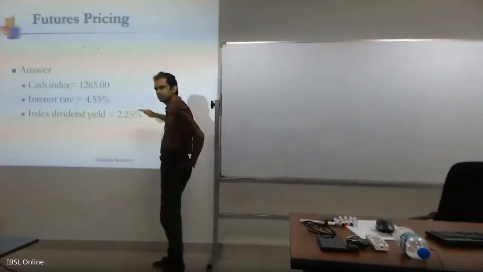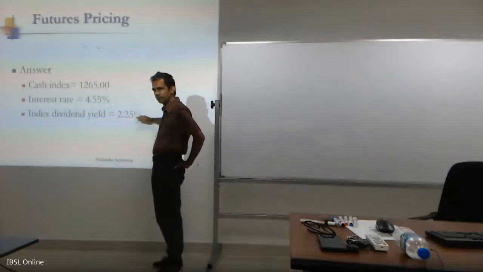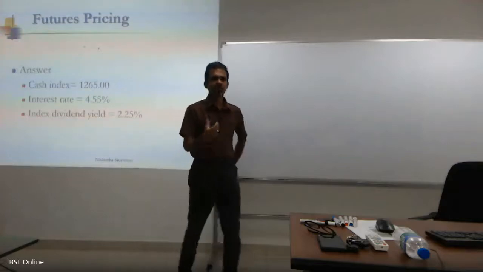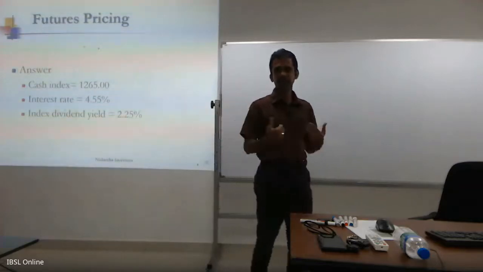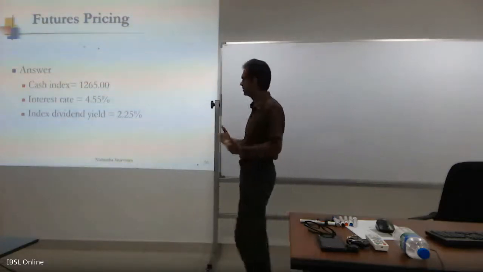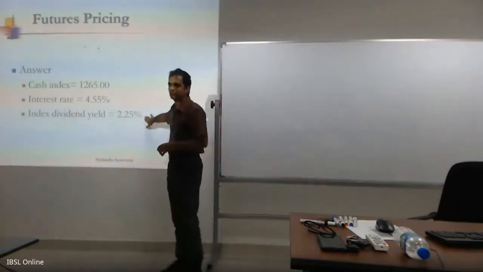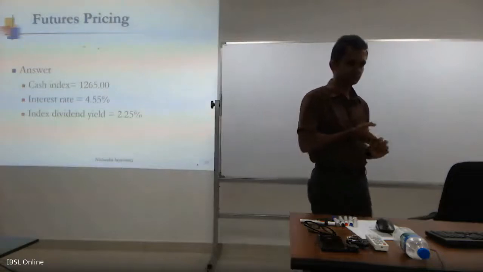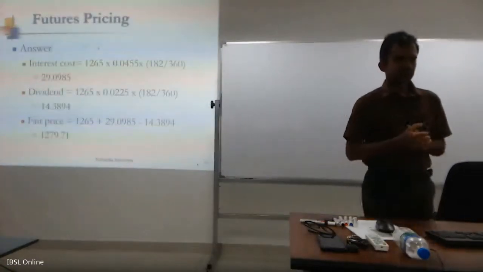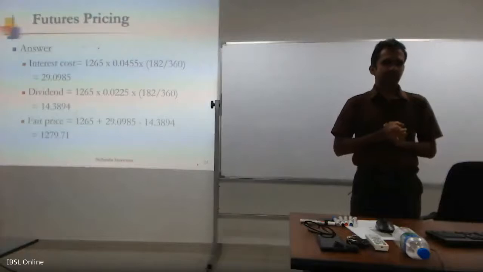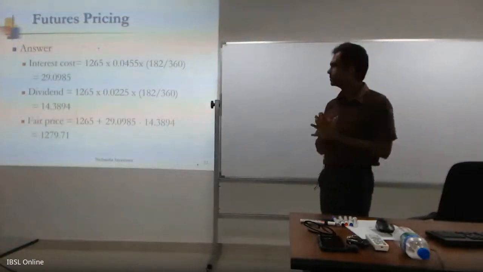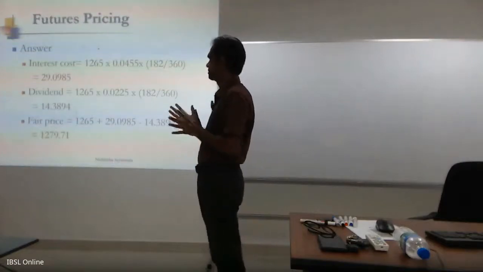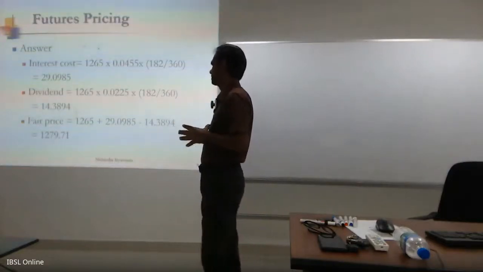So remember, this is a benefit, this is a cost. You buy the index, and during your holding time, you get a dividend at 2.25%. Interest cost would be 29.09, dividend 14.38.